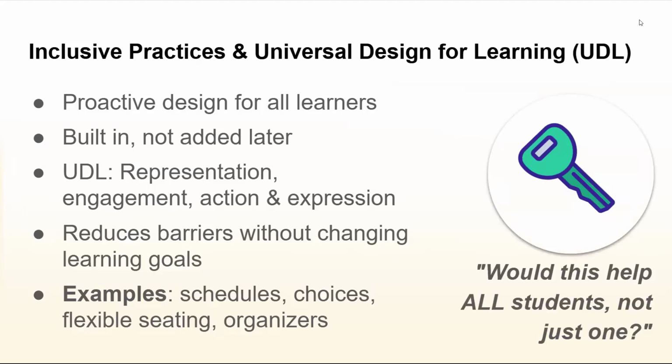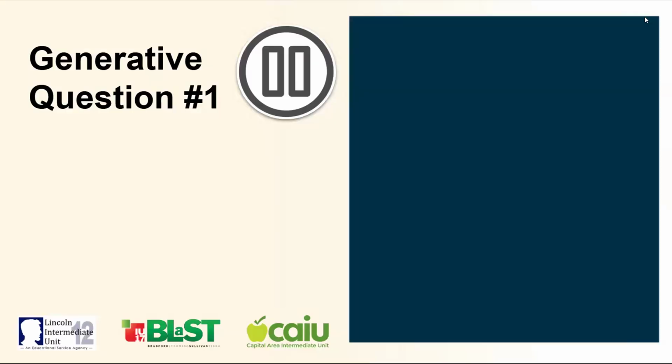And the key question for this is, would this help all students, not just one? So if it's something that's going to help all students in the classroom and not just the special education student that you're supporting, that's a good way to know if it's going to be an inclusive practice or a UDL area.